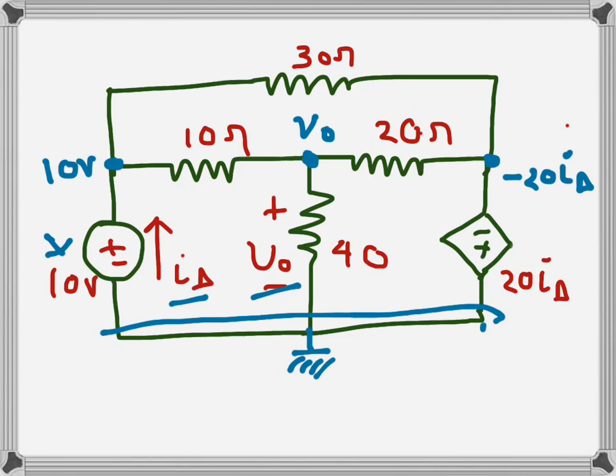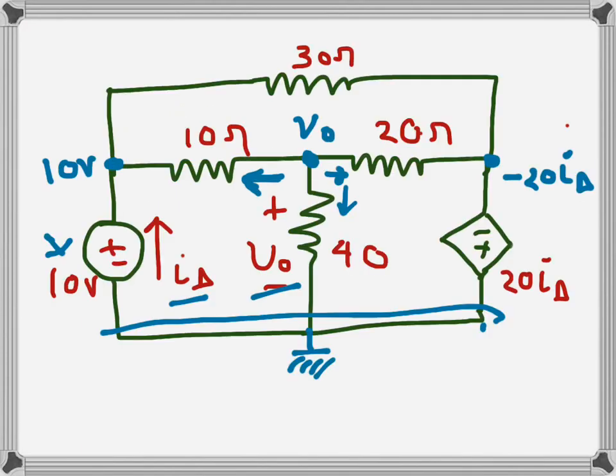So first we should write the KCL, or node equation, for node V naught. If we do that, we can label three currents going outwards. One will be V naught minus 10 volts over 10, which is this current.